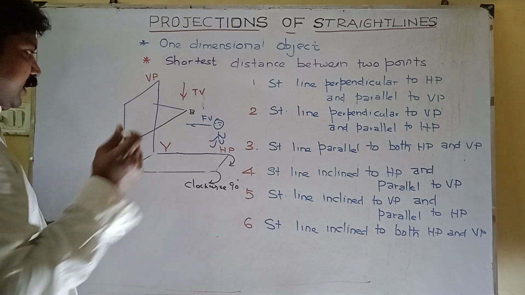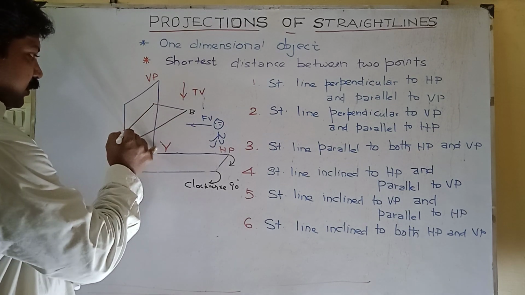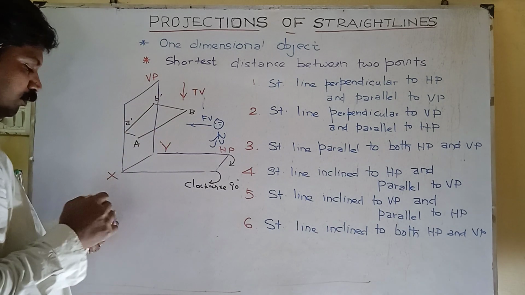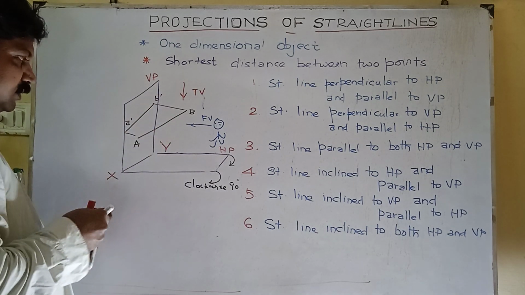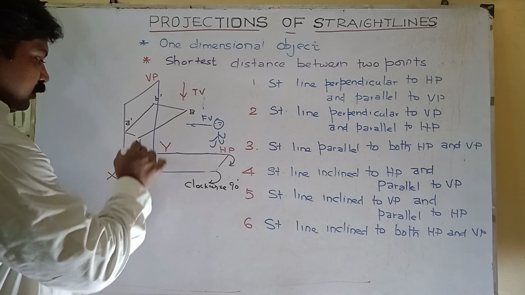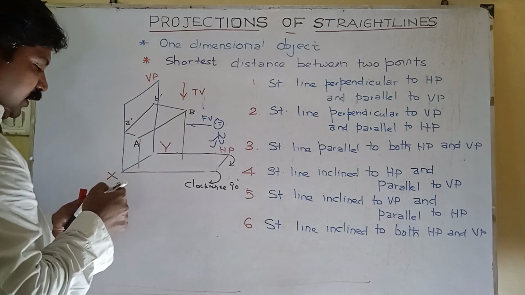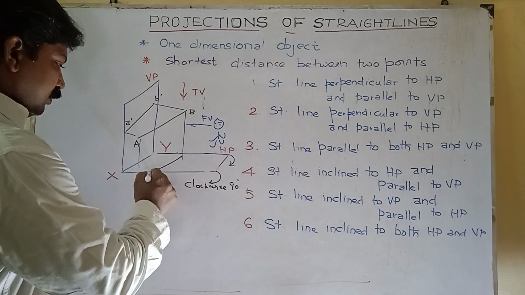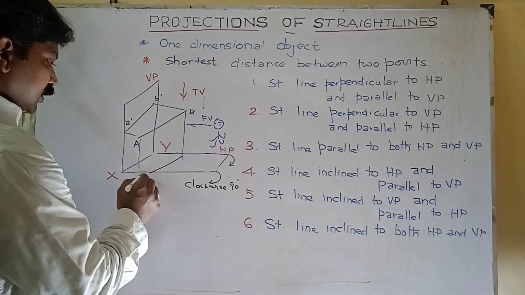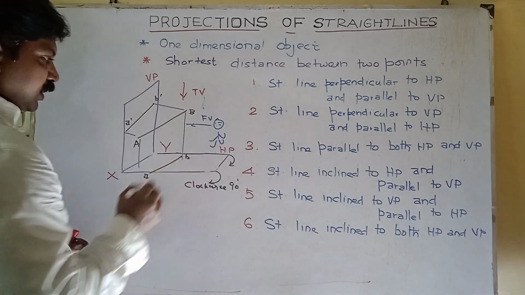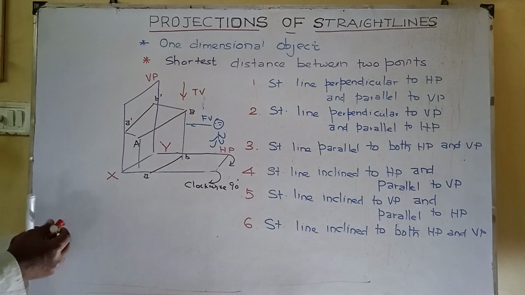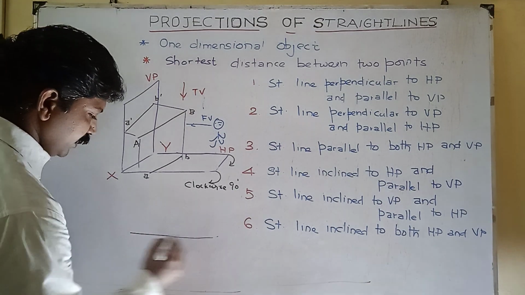Front view as a straight line in vertical plane, a dash b dash, and top view as a straight line on horizontal plane, AB. After the projection, rotate the horizontal plane clockwise 90 degree. The resultant diagram is XY axis line.